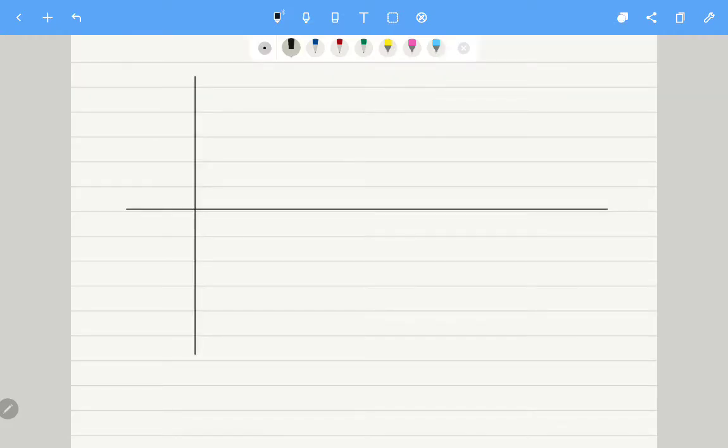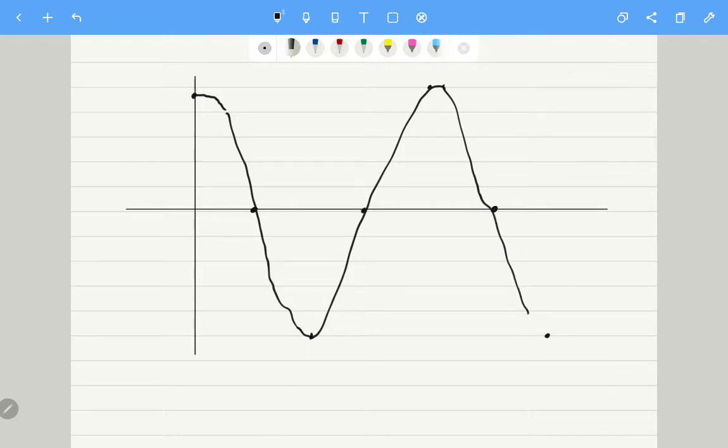Let me draw my cos function. Cos starts at 1, goes to 0, goes to -1, goes back to 0, goes to 1, and repeats. The beginning looks promising, right? There's my beautiful picture of cos.